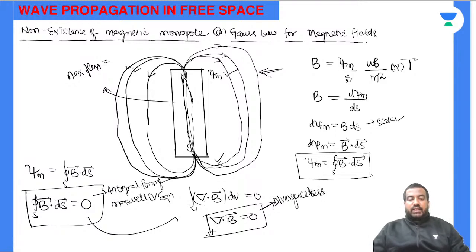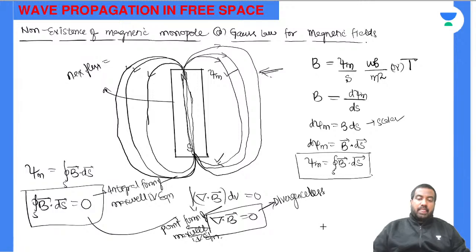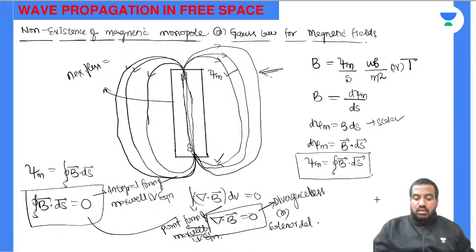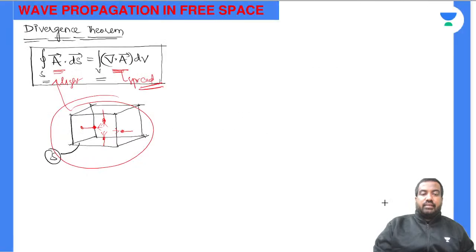B is divergence-less vector. This is called differential form or point form of Maxwell fourth equation. Clear? B is called as solenoidal vector. This forms the fourth equation.